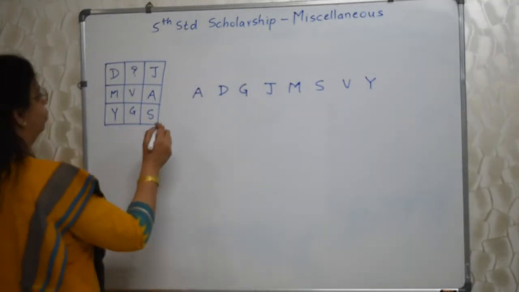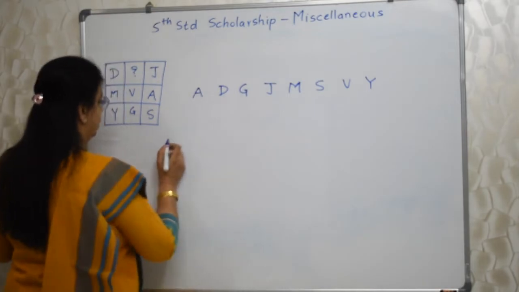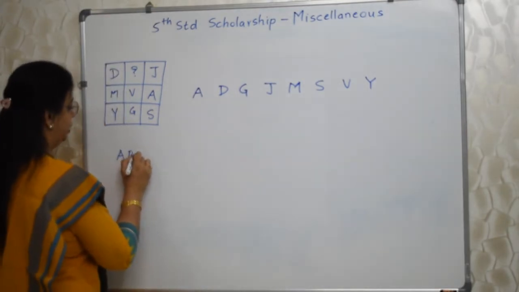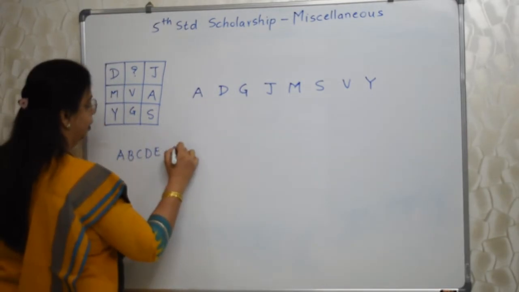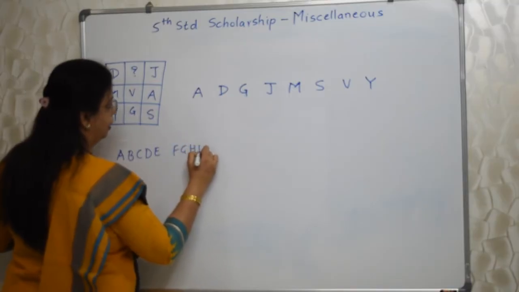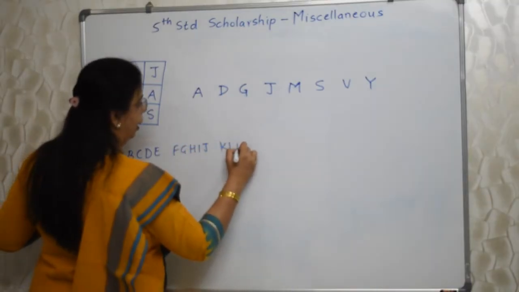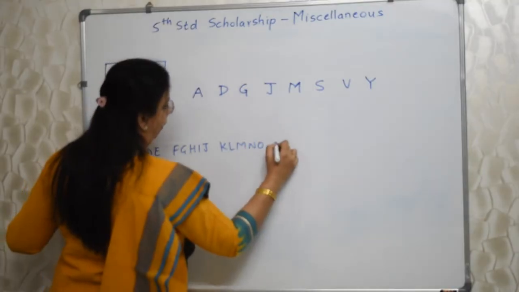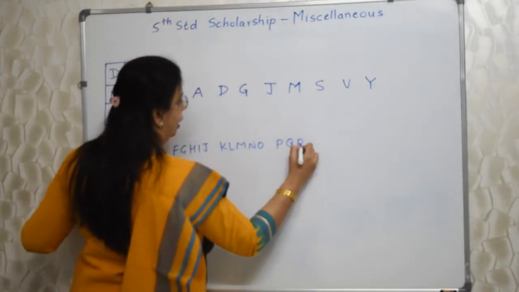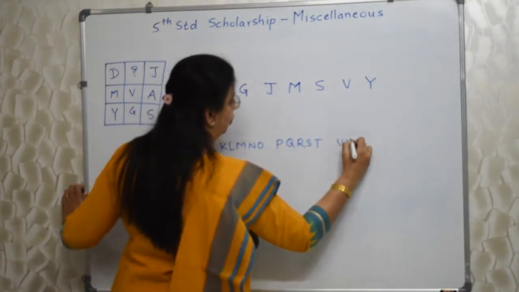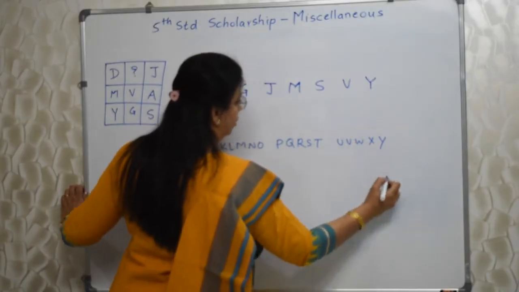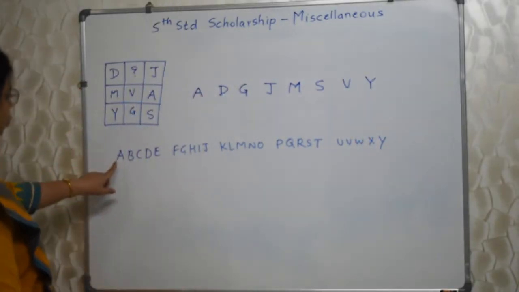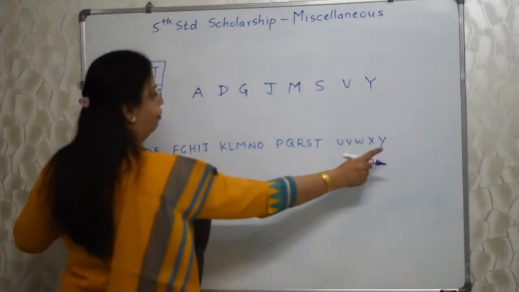Now we will write down the serial numbers. A, B, C, D, E, then F, G, H, I, J, K, L, M, N, O, P, Q, R, S, T, U, V, W, X, Y. Z we don't consider. So this is 1 and this is 25.